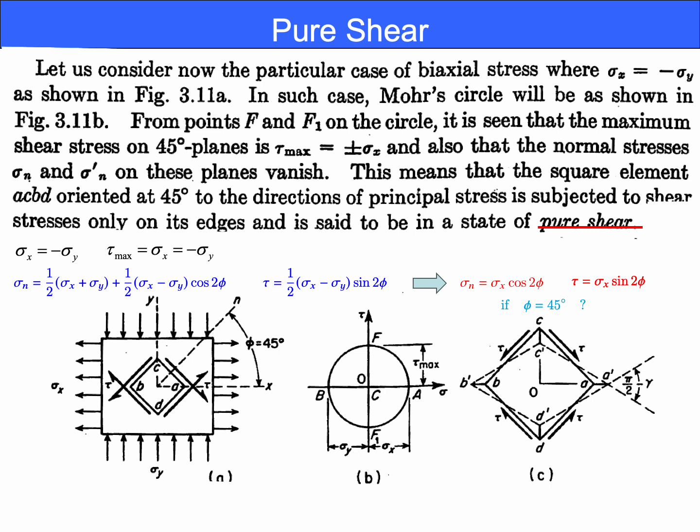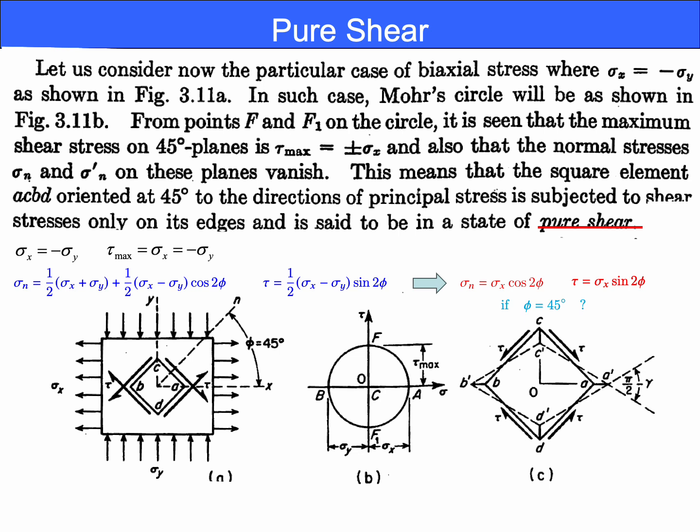Mohr's circle in this case becomes as this figure B. If phi equals 45 degrees, 2 phi becomes 90 degrees, then we obtain sigma n equals 0, and tau becomes tau max, that is sigma x.